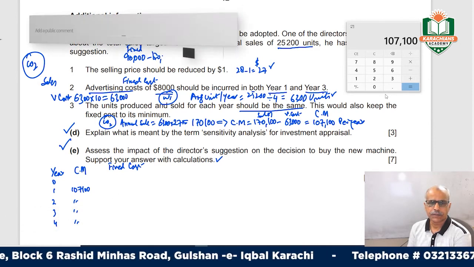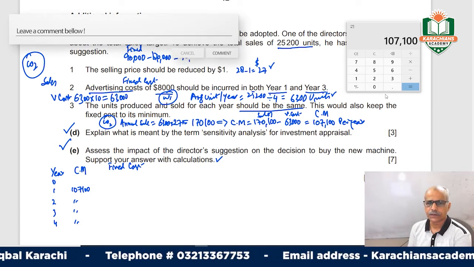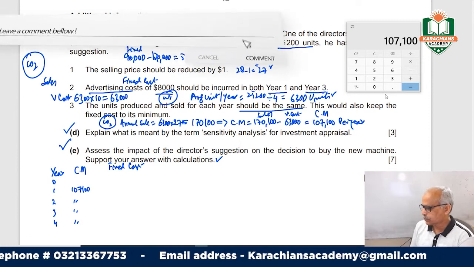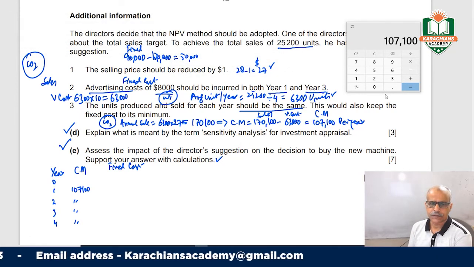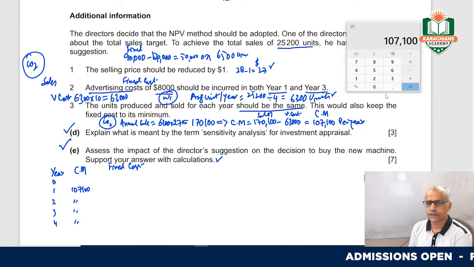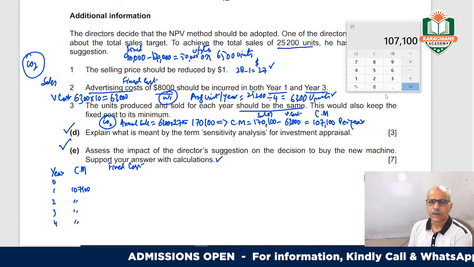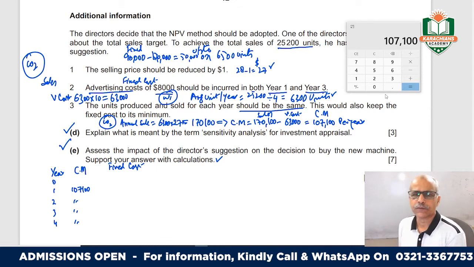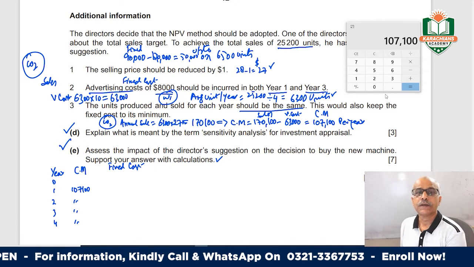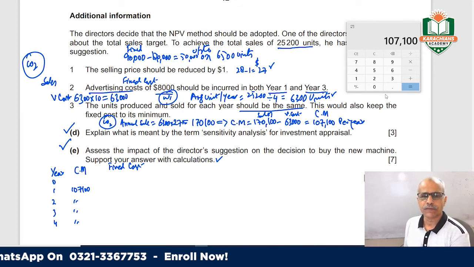If you deduct depreciation of 40,000, this was 50,000. 50,000 was your fixed cost, excluding depreciation, and this was on 6,500 units. Up to 6,500 units, your fixed cost was 50,000. Remember, in part A and B we have done this.